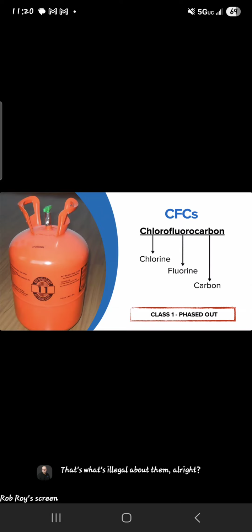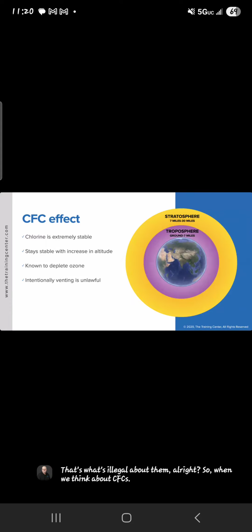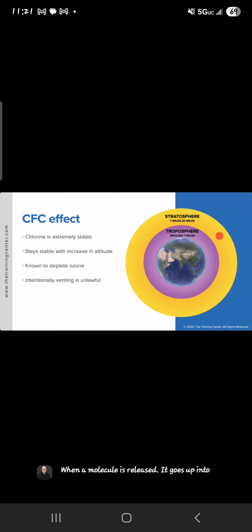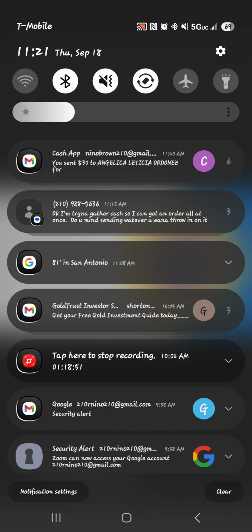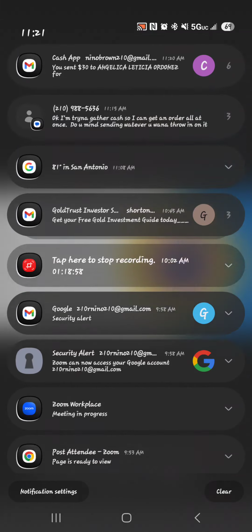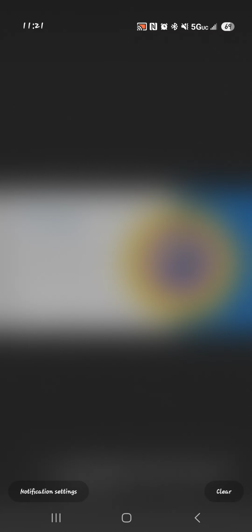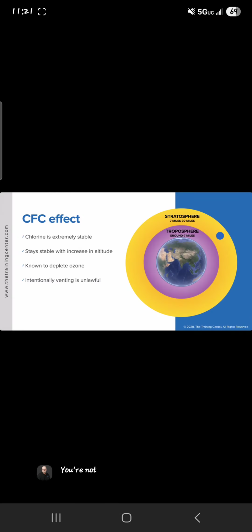All right. So when we think about CFCs, when a molecule is released, it goes up into the stratosphere, gets broken up by the UV rays, and it punches a hole. Okay. What's illegal is doing that. If you knowingly release a CFC to the atmosphere and you get caught, it's over $44,000 fine. You're not allowed to do it. And that's why they're phased out.